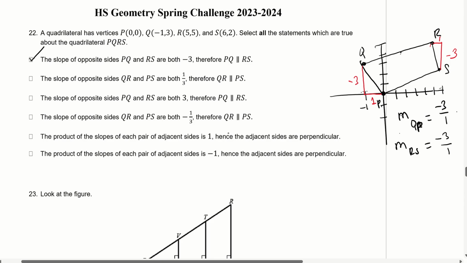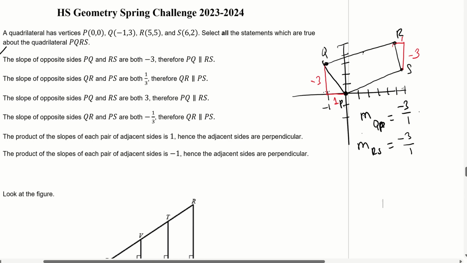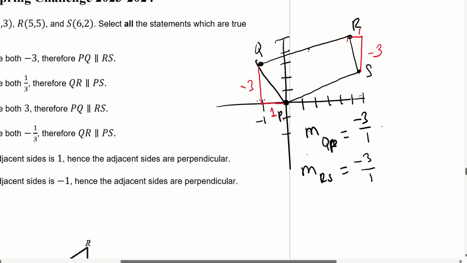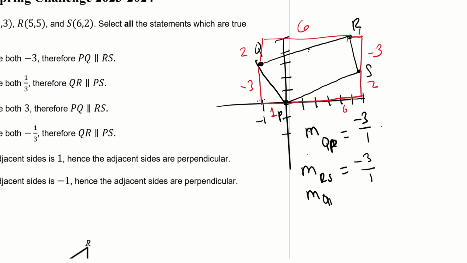All right, and so let's check QR and PS. Okay, so QR looks like it goes up 2 and over 6. And this here it goes over 6 and then up 2. So then the slope of QR is rise over run, so 6 over 2, which is equal to 3.